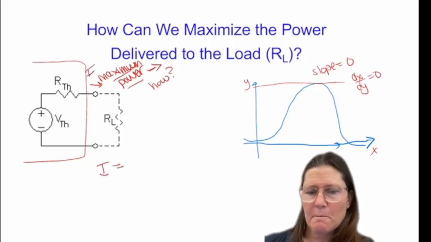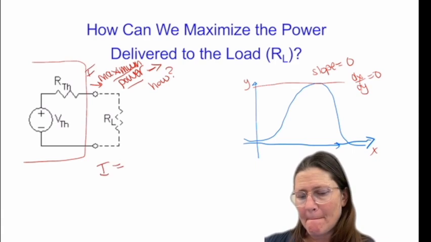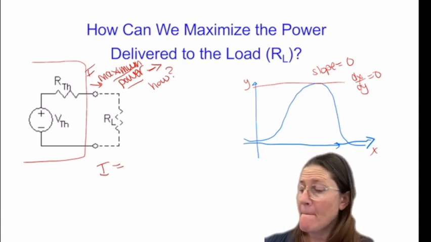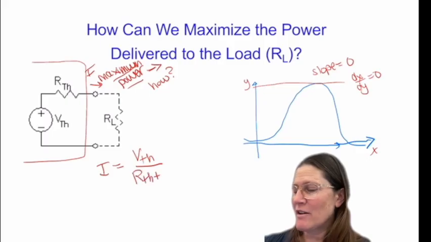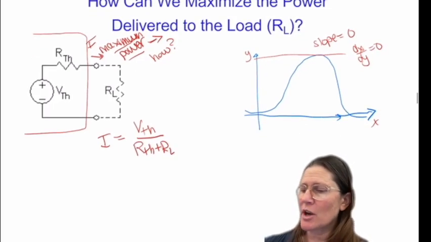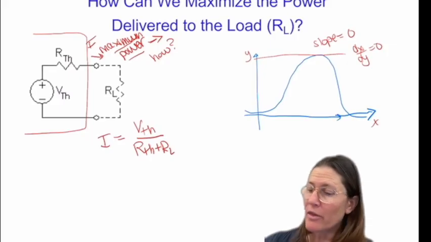The current I here is going to be what? Okay. So voltage divided by resistance. Thank you. So we have RTH plus RL, and then we also know the voltage here is going to be what?